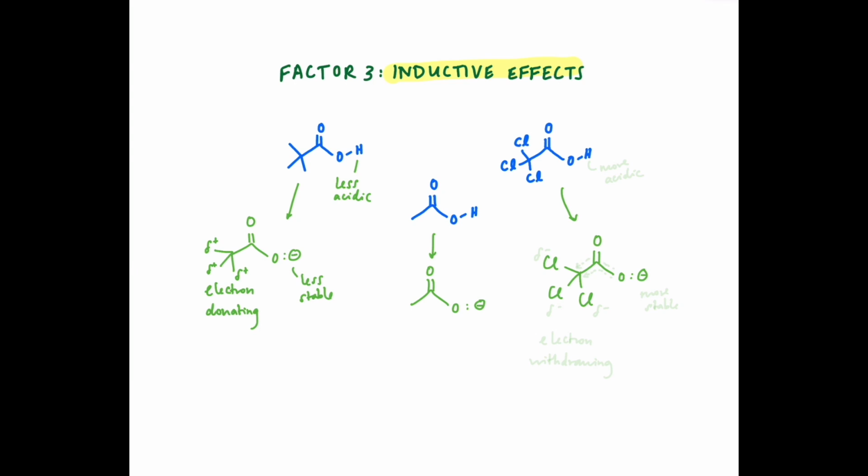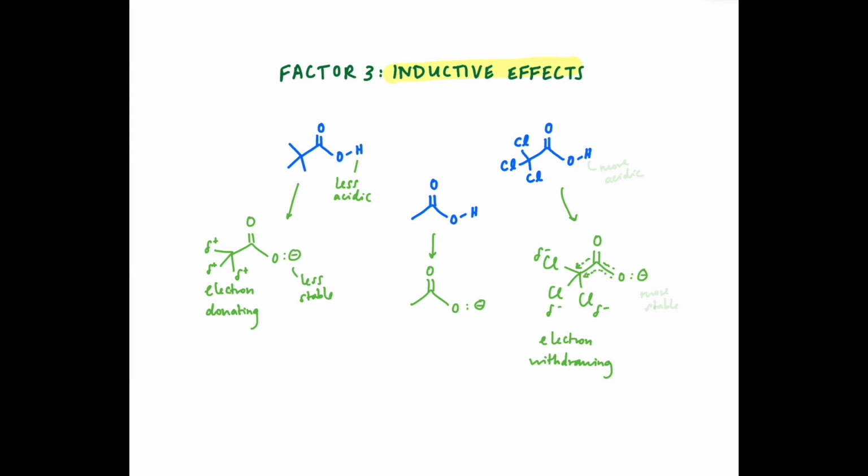And then we have our intermediate here where we don't have any electron donating or electron withdrawing groups. But then on the right-hand side, these chlorines all have a partial negative, and these are electron withdrawing. That means they're drawing that negative charge from the oxygen over here with those extra electrons.